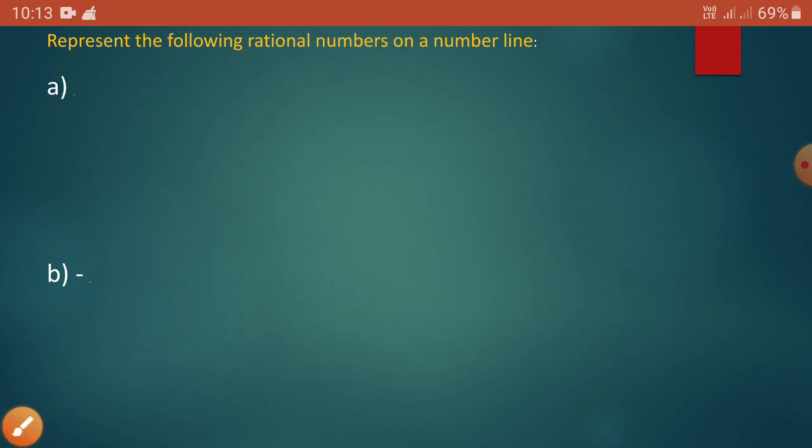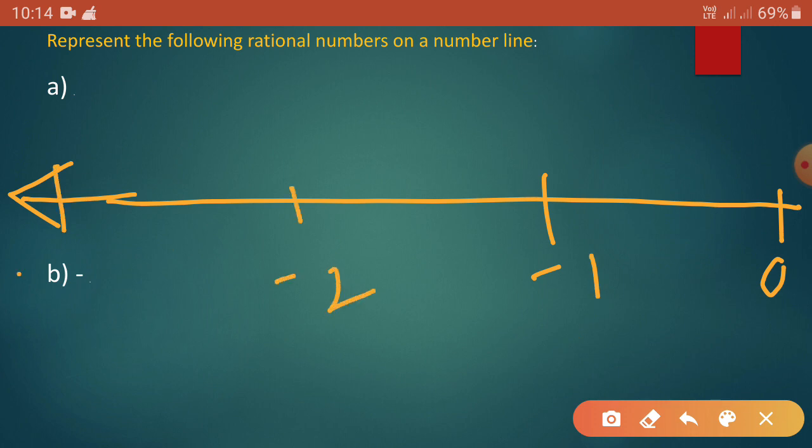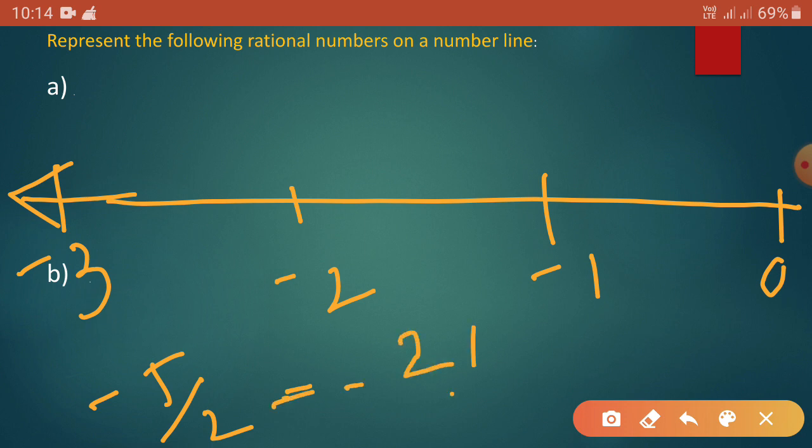Got it? So again I am doing that. Now we are taking the same example once again. So this is 0, this is minus 1, this is minus 2, and this is minus 3. We have the question minus 5 by 2, that is minus 2 1 by 2.